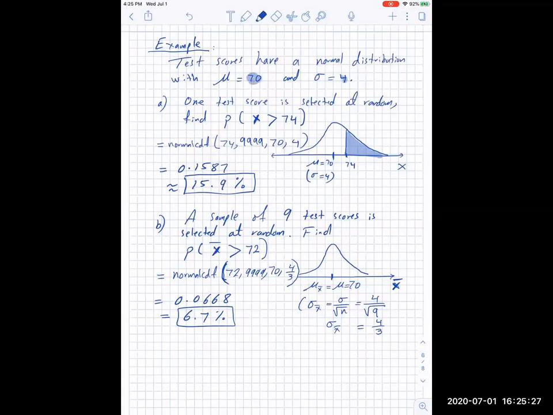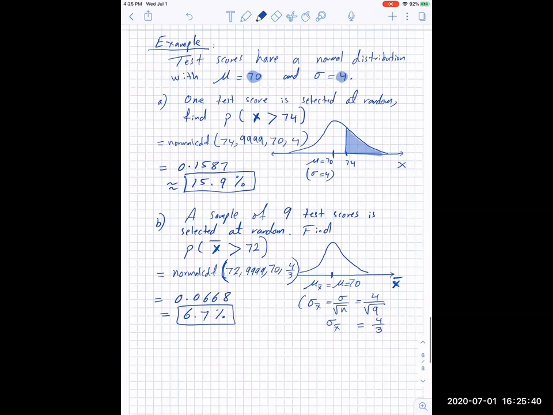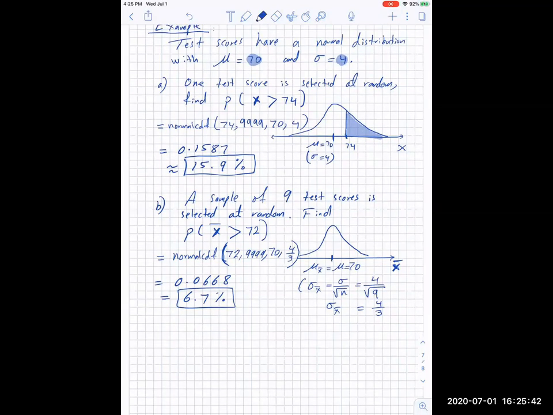My apologies. No problem. This is given. I give you the population mean, and I give you the population standard deviation. And then I took the population standard deviation divided by the square root of n to get the standard deviation of the sample mean.